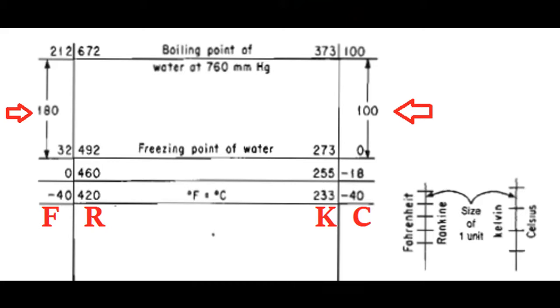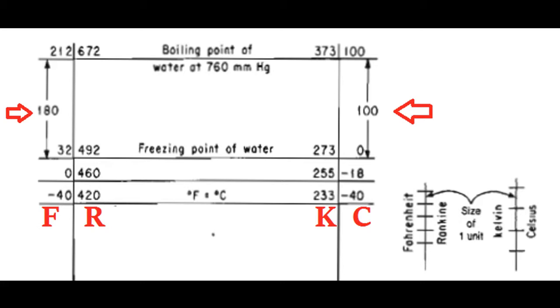If you consider the delta T, what is the delta temperature in Kelvin scale? 373 minus 273 is 100. Delta K is 100. Similarly, in the unit of degree Celsius, 100 minus 0 is 100. So we have delta K equal to 100, delta C equal to 100 in this region. Only in this region we have delta C equal to 100, delta K equal to 100 Kelvin.